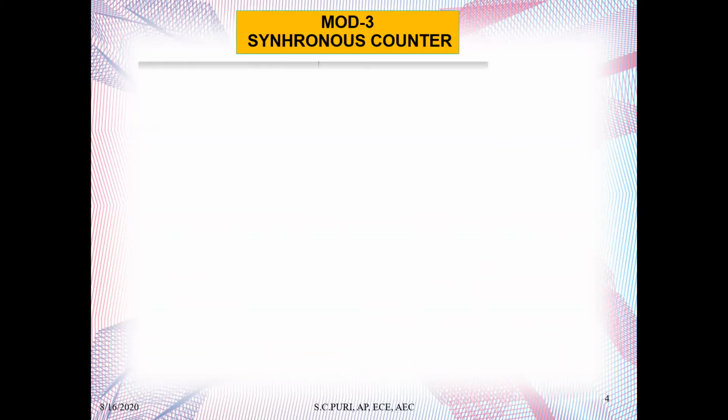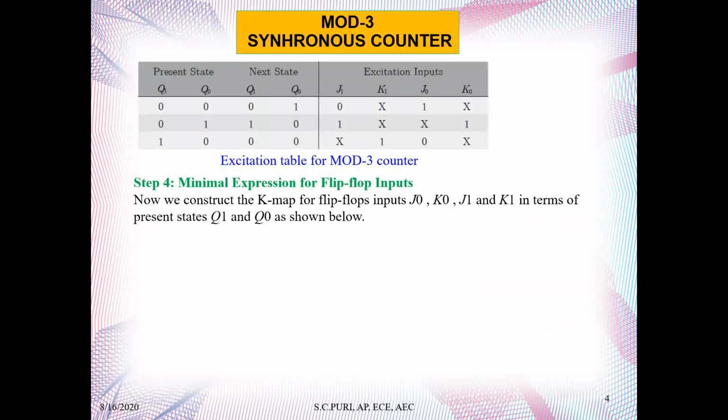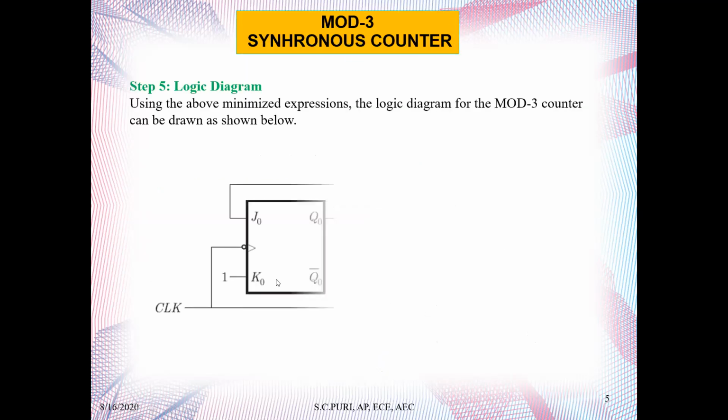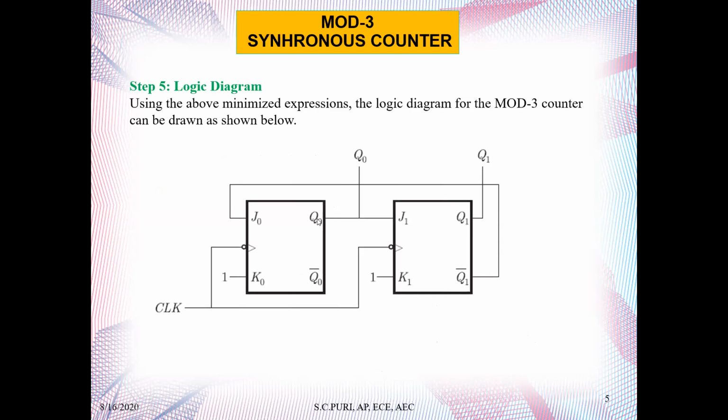What we have got is J1 is equal to Q0, J0 is equal to Q1 bar, and the rest are all 1. This is synchronous, meaning both are driven by the same clock. This is the Q1 output, this is the Q0 output. So this is the logic diagram of a synchronous mod 3 counter.